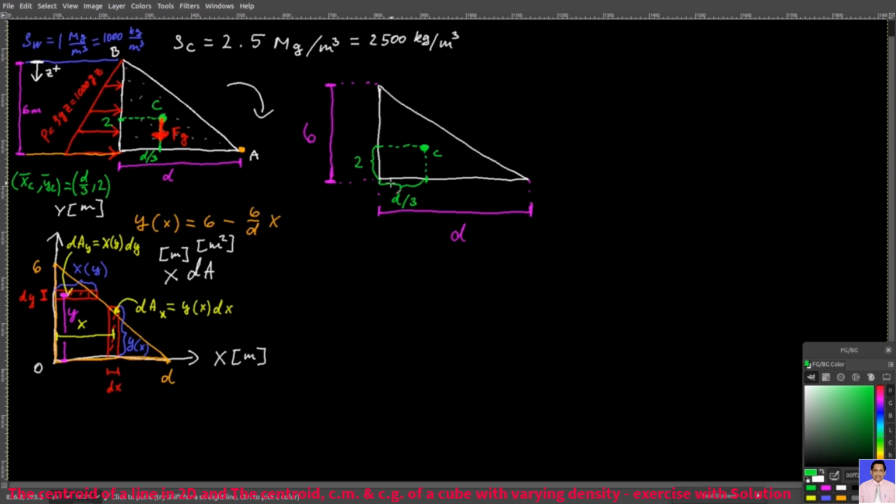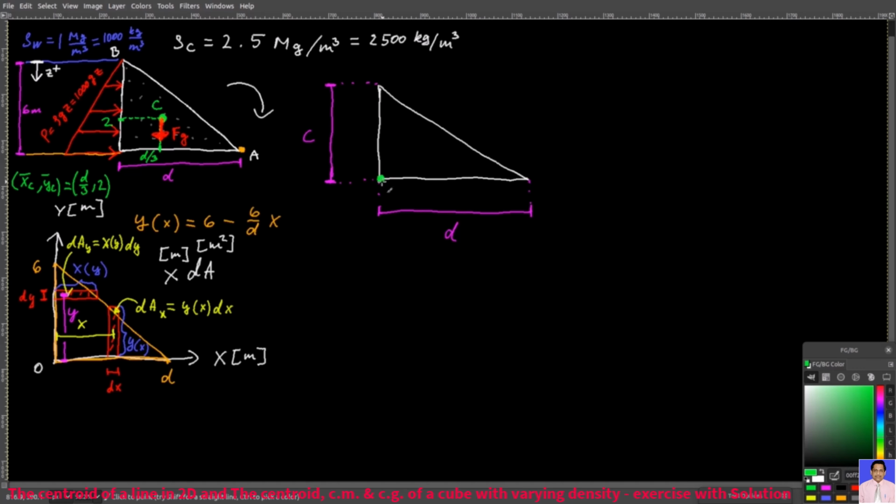Now note that just like here, you took your d and you divided by 3. Here you took your 6 and you divided by 3 and you got 2. And so the general rule for right triangles is this. If you have a random right triangle, and let's say that instead of 6 you have here c, so this side is d meters and this side is c meters, then the centroid of a right triangle is always this one.